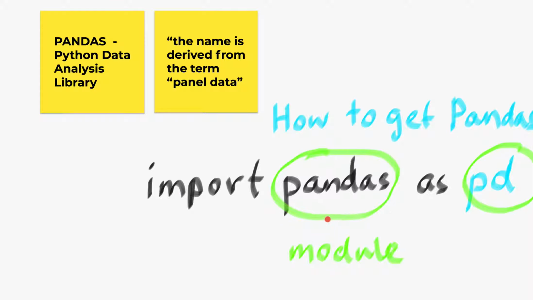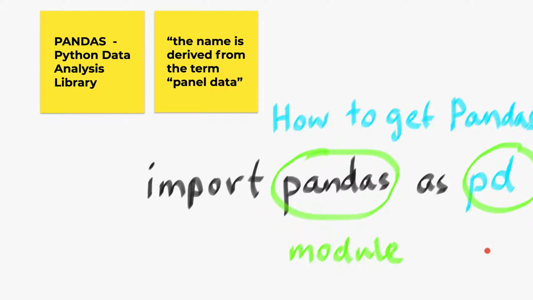Now, pandas in Python is a module. What I mean by that is it's a set of packaged code which you can call for help, right? You call this guy, pandas, and when you call him, you also have to give him a nickname.